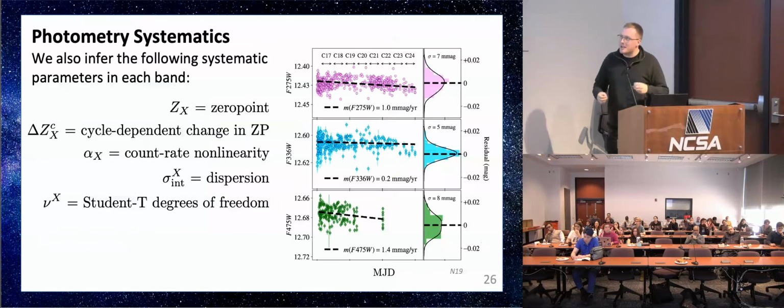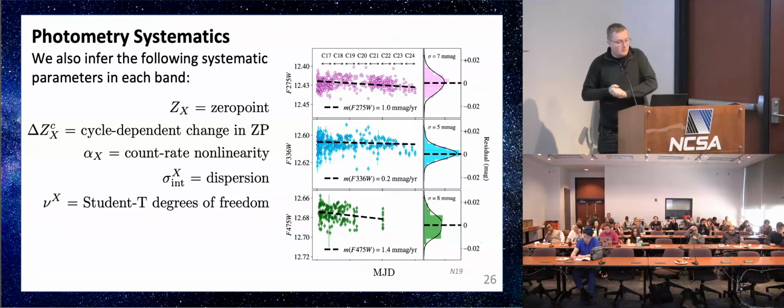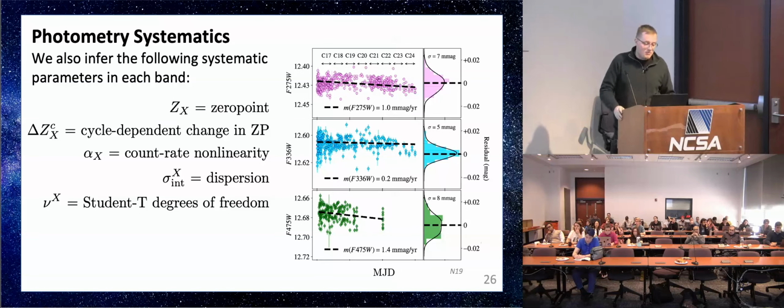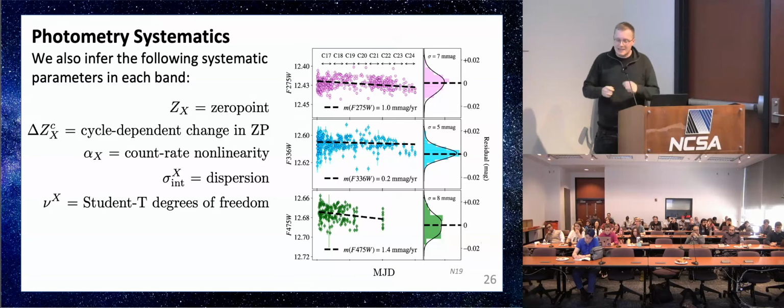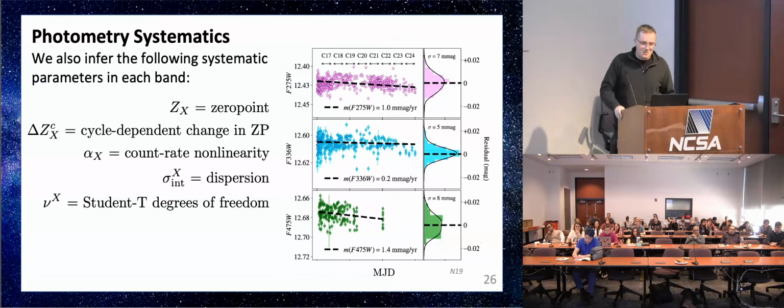Other details that we're modeling are these instrumental systematics of Hubble. So you've got the zero points in each band. You've got the change in zero point, so that sensitivity changes over time. You've got a count rate non-linearity, particularly in the near infrared, so there's not exactly a linear relationship between the counts and the flux that you get. So you need to model that, which is a bit tricky.